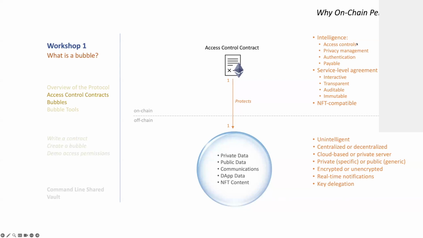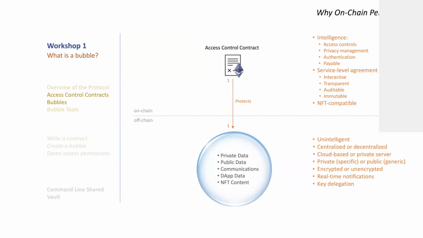Another aspect is there's a separation of concerns between the intelligence and the data storage. The data storage half is completely unintelligent. It just does what the access control contract says. It means that your off-chain storage services can be generic Dropbox-like storage systems.